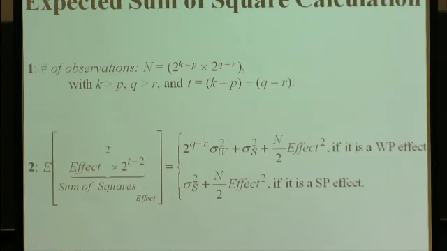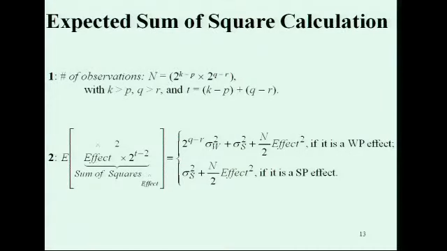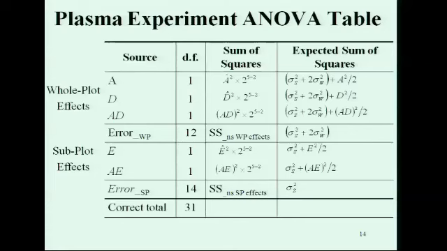So it doesn't matter if I'm evaluating the sum of squares or the mean square, it's going to be the same in this situation. So after we have identified the potentially significant effects, I can have this table over here. And now I have 12 degrees of freedom at the whole plot level. And I can use those degrees of freedom to estimate the residuals for that particular level. And the same applies here at the subplot level.